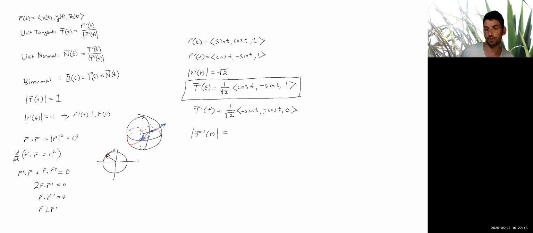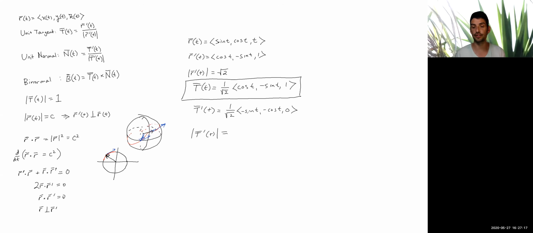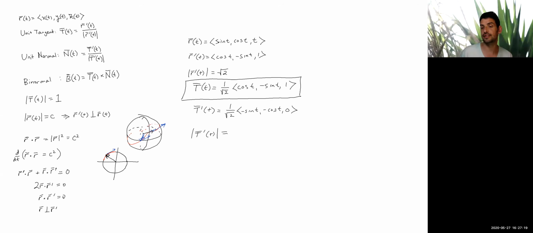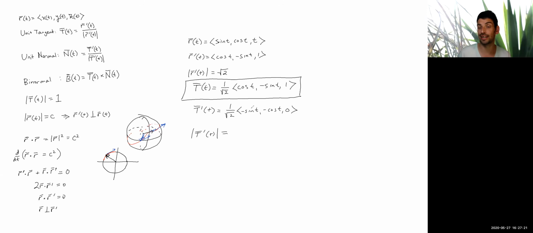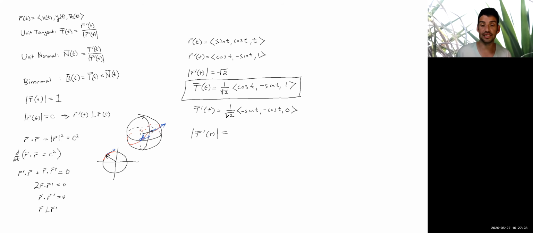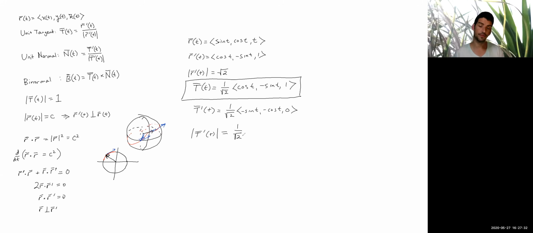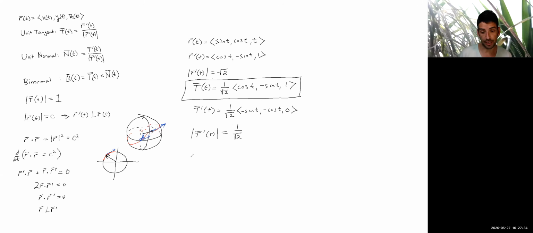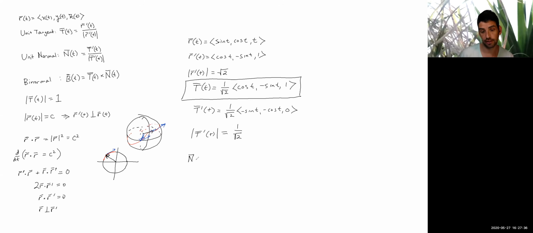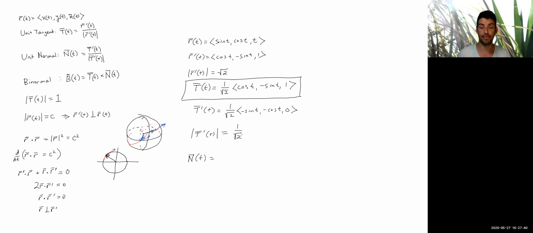well, if you look closely, if you ignore the constant in front, the vector negative sine t, negative cosine t, 0 has magnitude 1. Its magnitude would be sine squared plus cosine squared is 1, and take the square root, we get 1. But then we're scaling it by this, so this is in fact the magnitude of it, 1 over root 2, which means n of t, which is t prime divided by the magnitude of t prime.